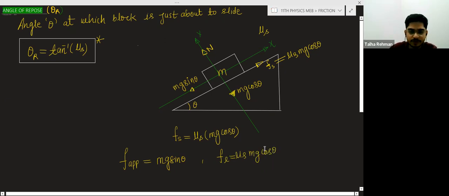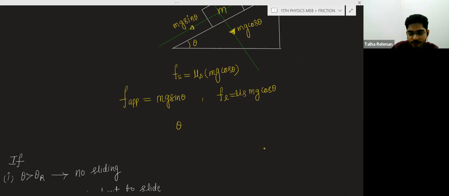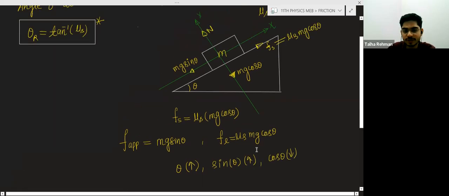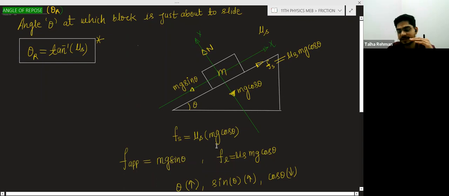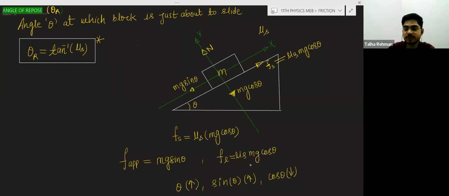A simple thing we know is that when you increase the value of theta, sin theta increases. I am talking about the acute angle, 0 to 90 degrees. Sin theta increases and cos theta decreases. So on increasing theta, the applied force is increasing and the limiting friction force is decreasing.